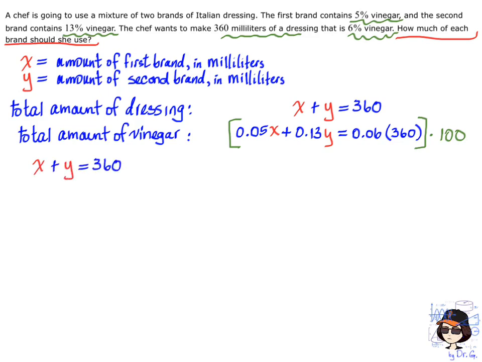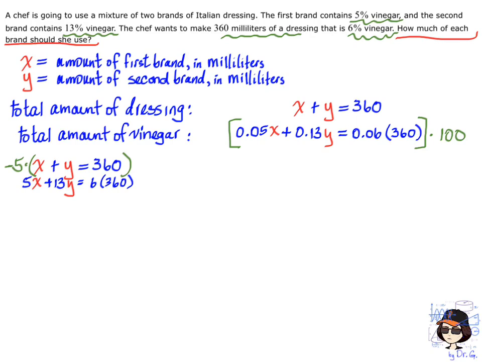X plus Y equals 360. And then 5x plus 13y equals 6 times 360. No more decimals. And now I could use substitution. I could use elimination, eliminate the y variable, or I could use elimination to eliminate the x variable. And I'm going to eliminate the x variable by multiplying the first equation by -5 and adding it to the second equation.